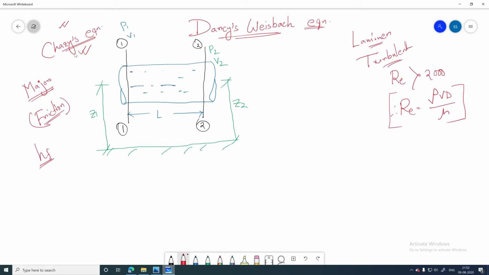Likewise we did in the case of Chezy's equation. So what are the assumptions? That is very important.